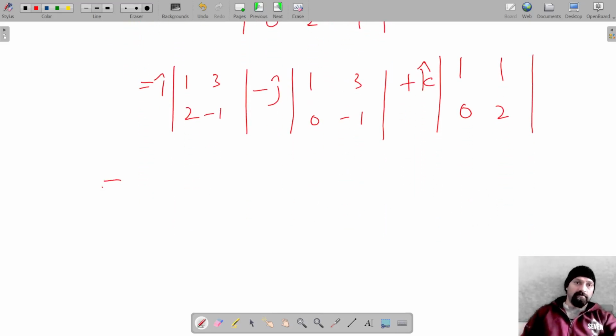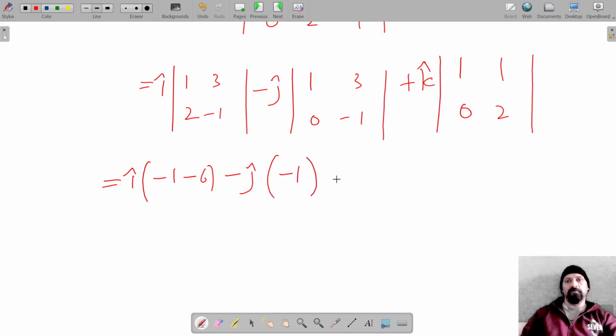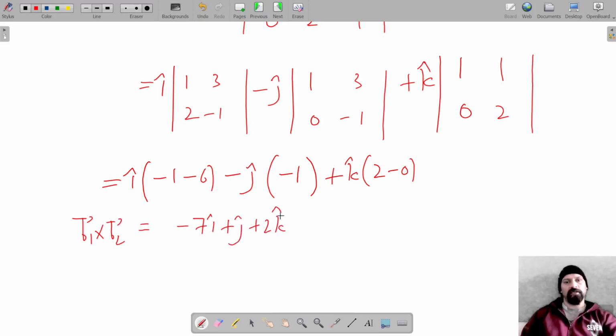Okay, this is now equal to i cap, 1 into negative 1 is negative 1, minus 6, negative j cap, negative 1 and 0, plus k cap, 2 and 0. Okay, finally, this is B1 cross B2, which is equal to negative 7 i cap plus j cap plus 2k cap. So this is B1 cross B2.